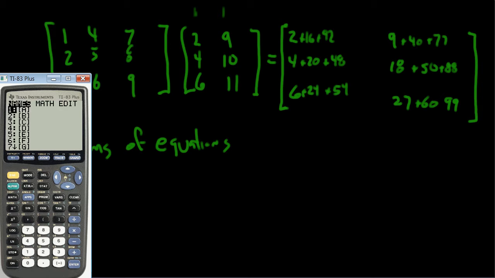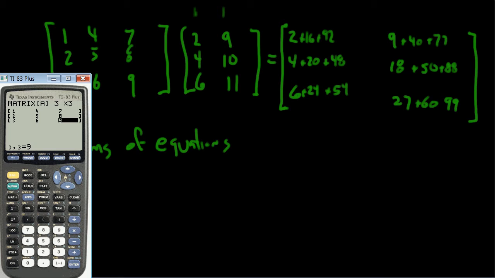We're going to go to second matrix, and we're going to edit matrix A. We're going to make matrix A 3 by 3, and we're going to give the numbers 1, 2, 3, 4, 5, 6, 7, 8, 9.